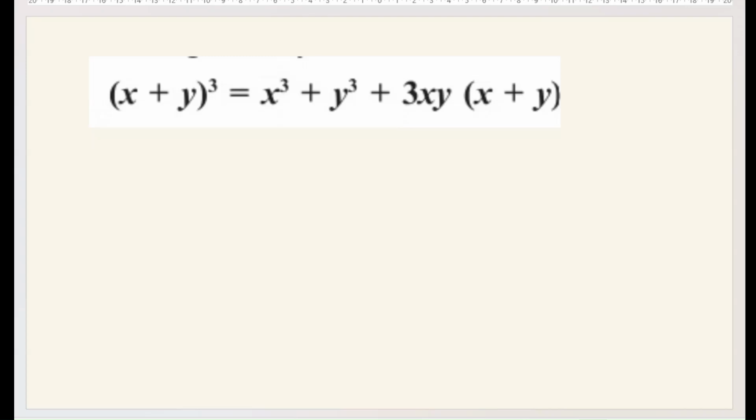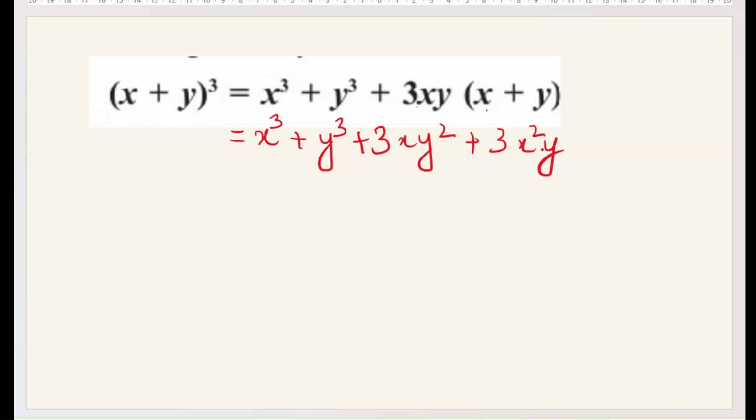(x plus y) whole cube is equal to, firstly, first term whole cube, x cube, plus y cube, plus 3xy into (x plus y). In fact, there is a more easier form to remember this: that is equal to first term cube, then second term cube, plus 3 x y square plus 3 x square y.